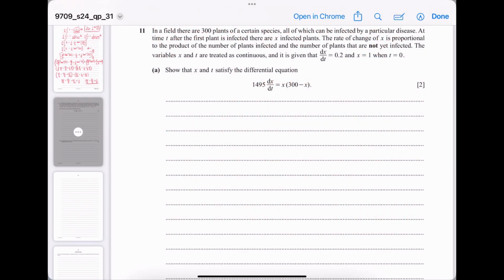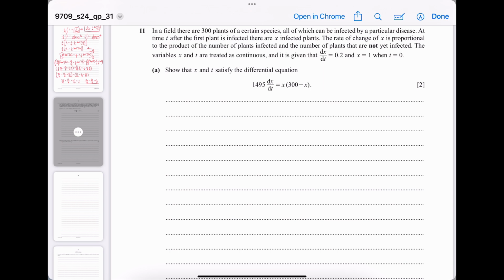So question 11 is the final question. In a field there's 300 plants, all of which can be infected by a disease. At the time t, after the first plant is infected, there are x infected plants. The rate of change of x is proportional. Okay, so here we go, start writing stuff.